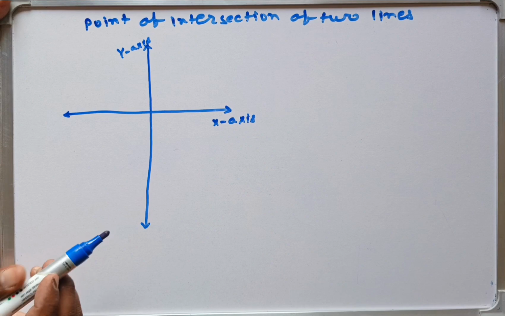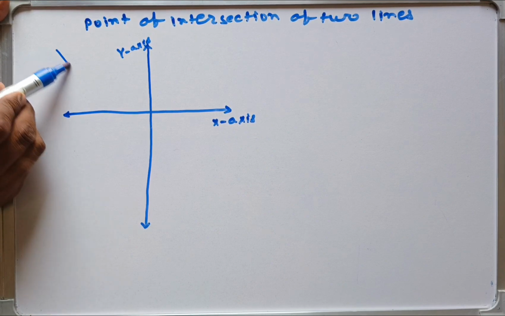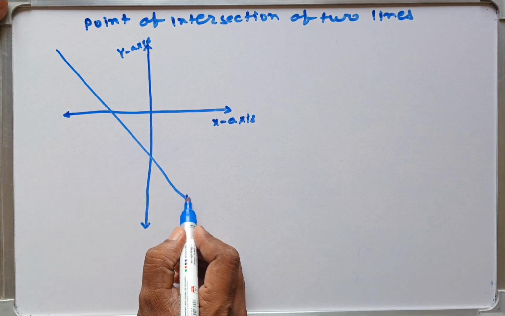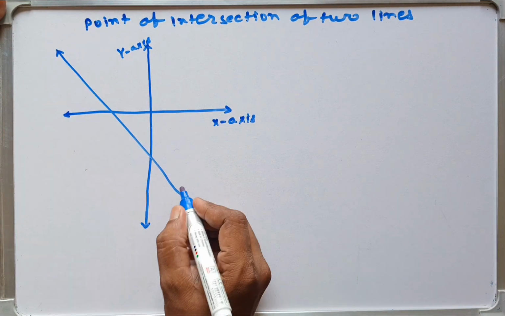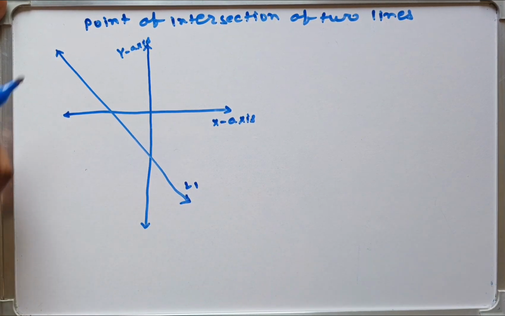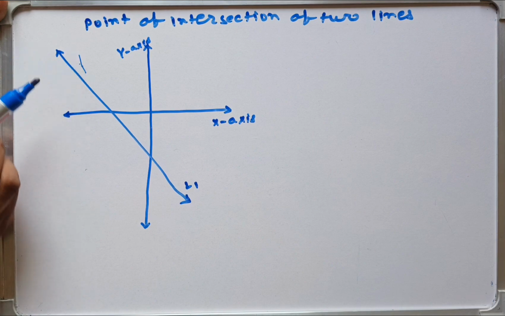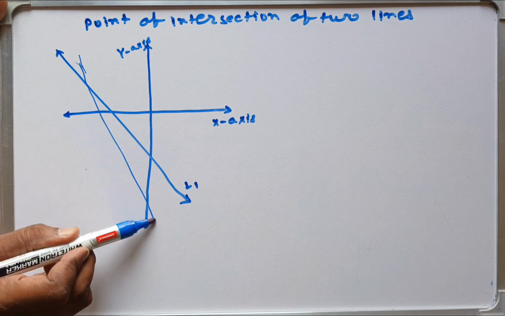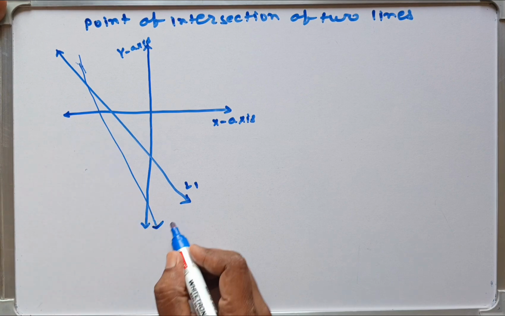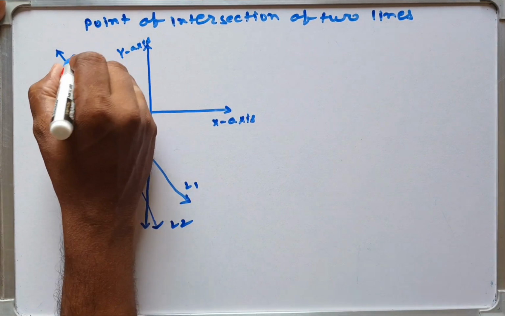Now consider a line like this one; this is line L1. Now suppose a line cuts this line like this; this line is L2.